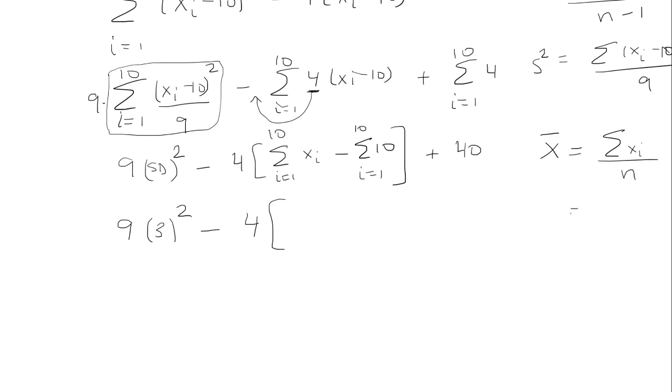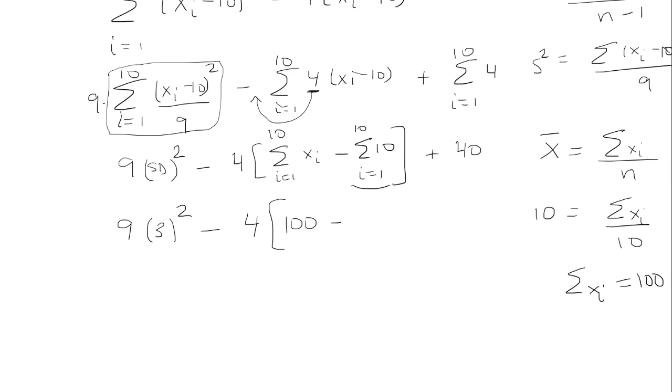Over n in this case. So if x bar is 10, that means the sum has to be 100. All right, so think about it. If they all add up to 100, you divide it by 10 to get the mean, and the mean is 10. So that's a good check.